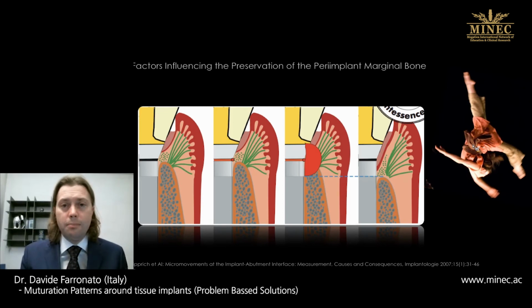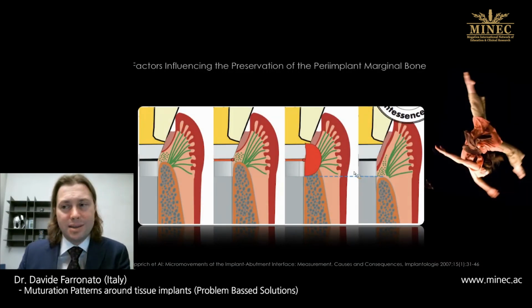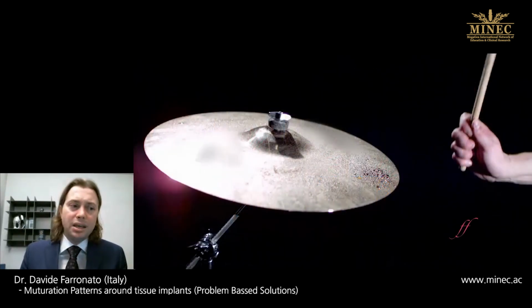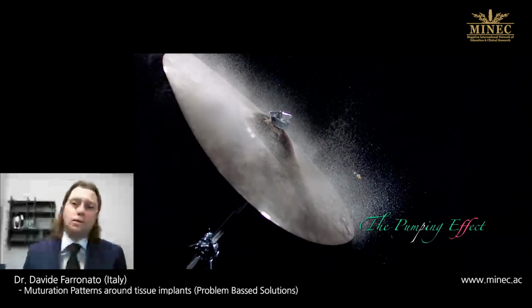And they stay incubating at 37 degrees for long hours until you have a second masticatory cycle. They will produce endotoxins and bacteria, which will be expelled at the secondary chewing cycle. And of course, the epithelium will go deeper in order to let this toxic substance evacuate outside. So the pumping effect, of course, is something that affects negatively the implant and the tissue surrounding the implant.